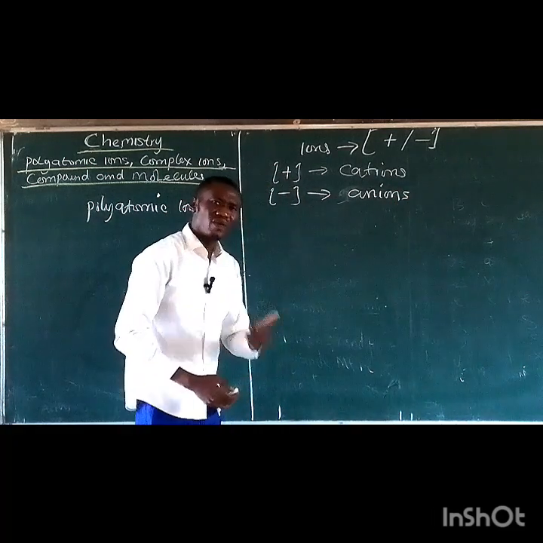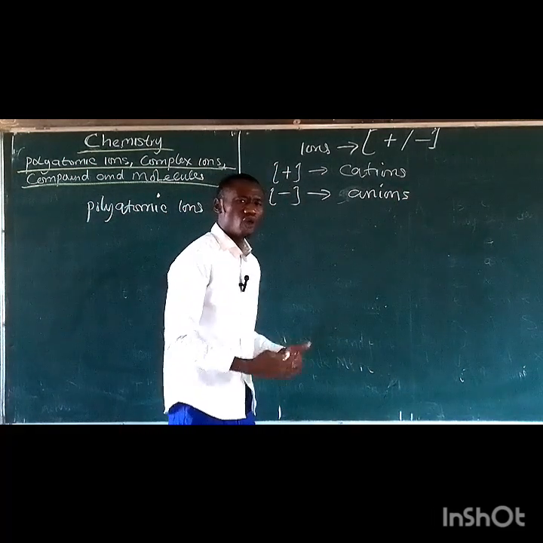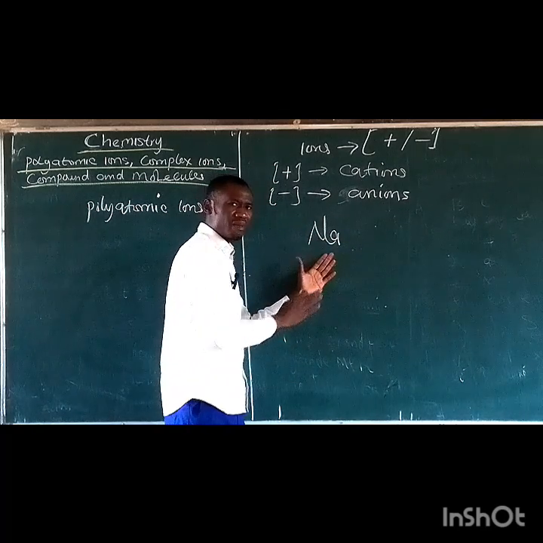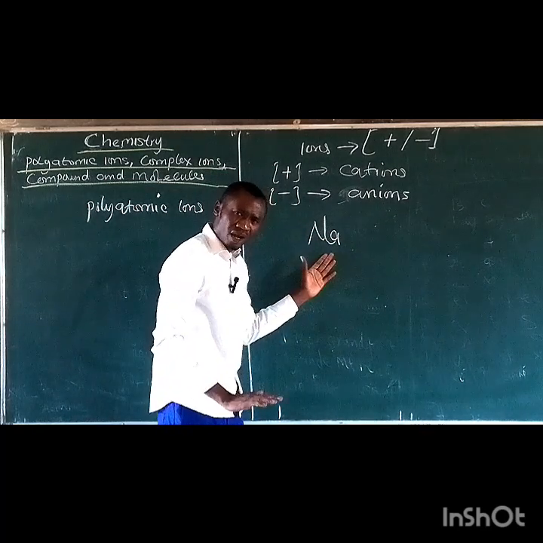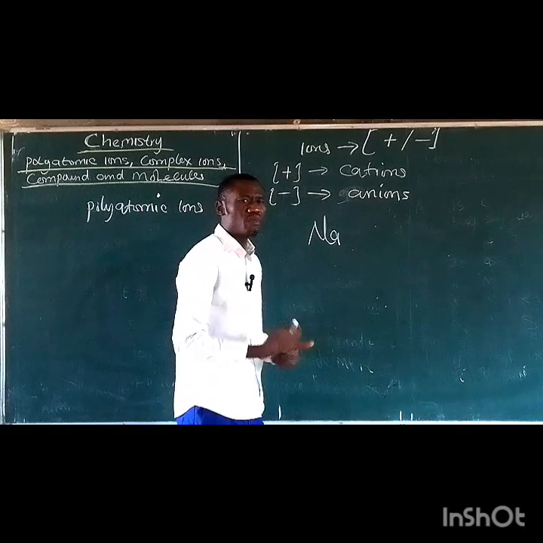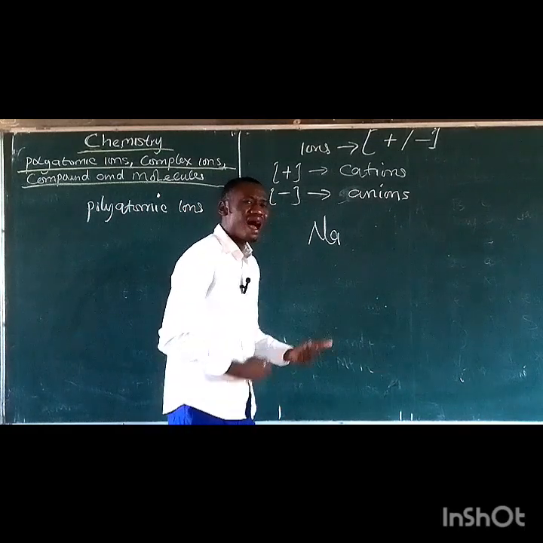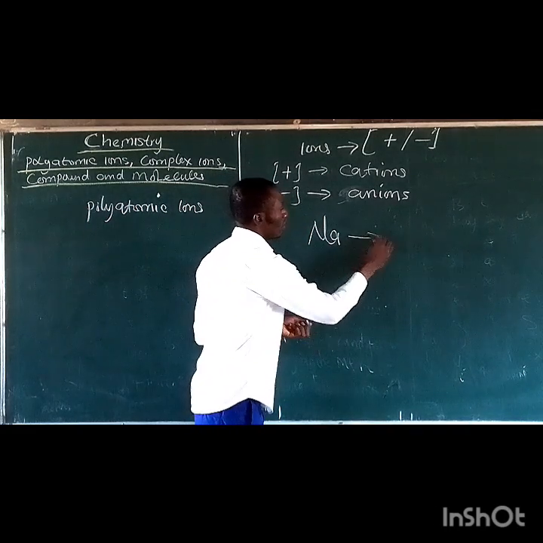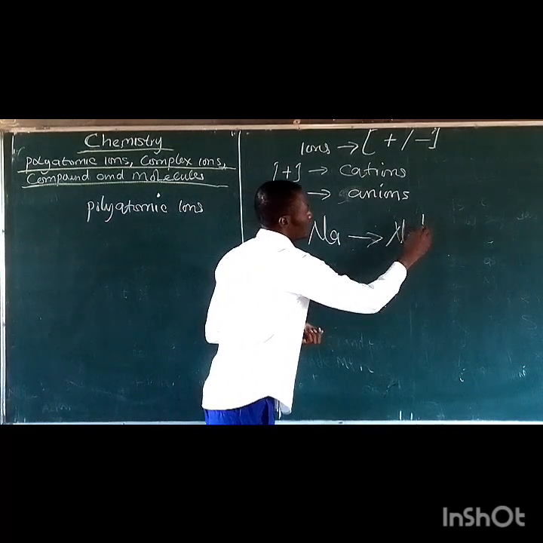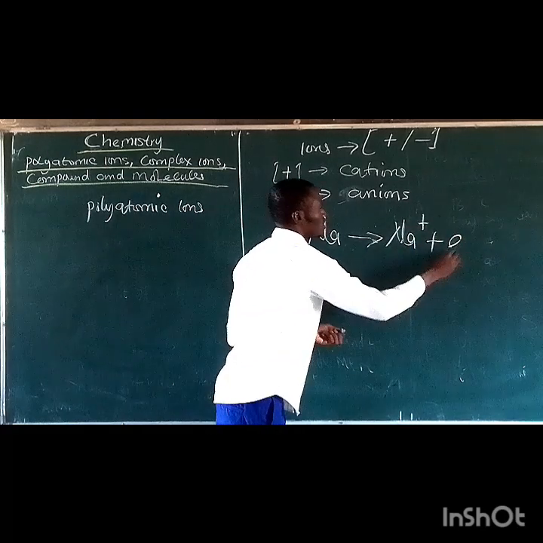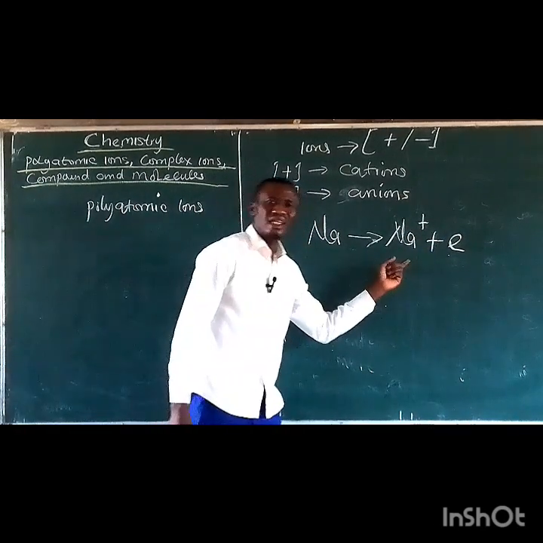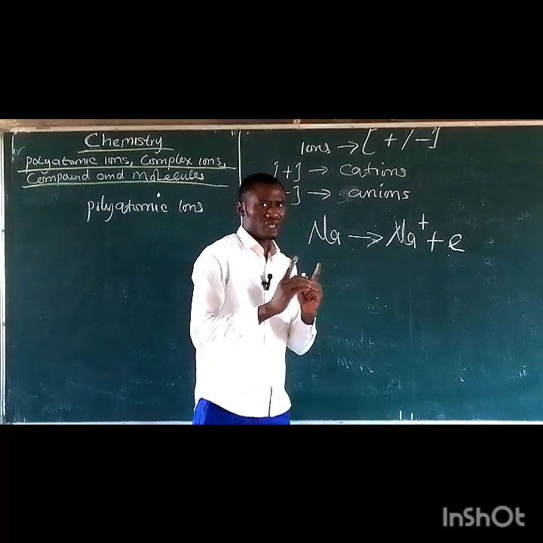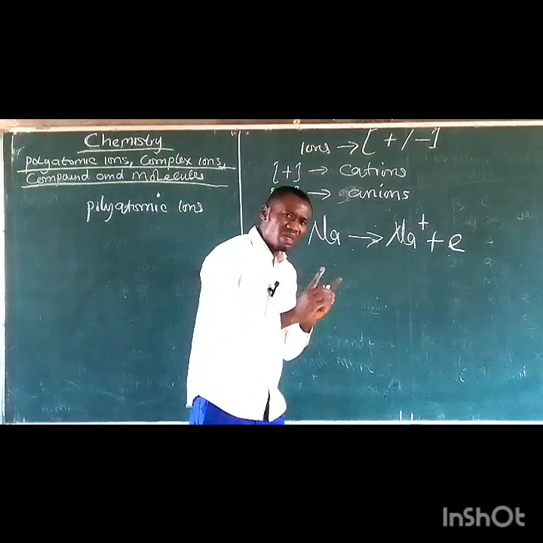Alright, let's take for instance the atom of the element sodium. Sodium is a neutrally charged atom of the element at this time, in the ground state. But when sodium becomes ionized, it becomes excited and then sodium can lose one electron. Now, this sodium over here is electrically charged because it has a charge. It's a monoatomic ion.